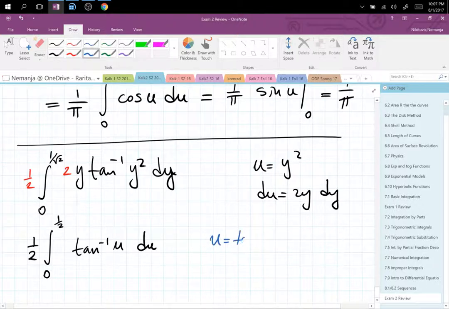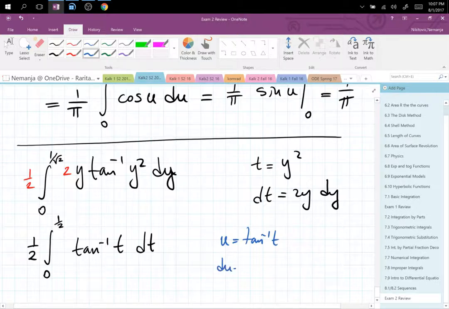So u equals, oh, I can't use u now, so let me change this to t's so that I can use u. So u is equal to tangent inverse of t. Du equals 1 over t squared plus 1 dt. Then dv equals dt and v equals t when I integrate.